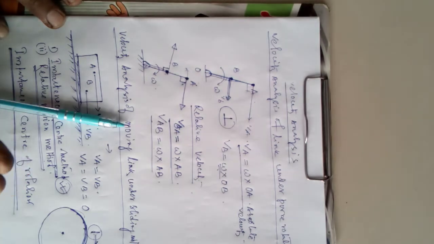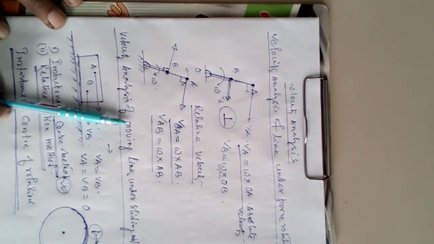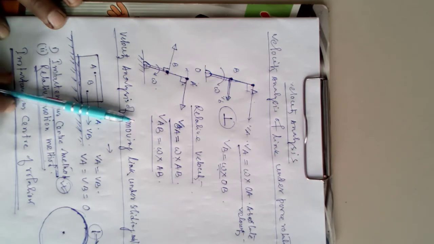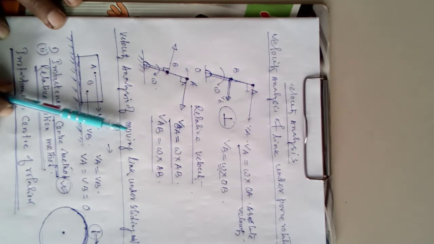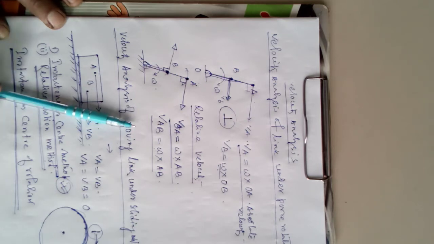Once again, suppose the link is moving under rotation and translation. So we have to combine the rotation and translation as a pure rotation about some imaginary center of rotation.